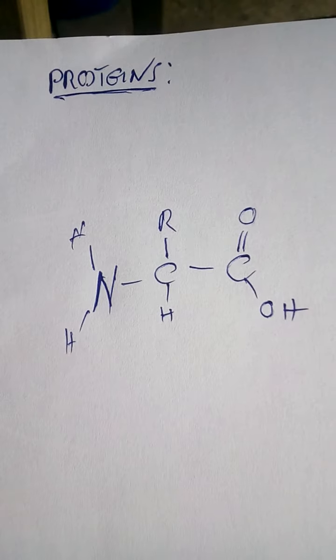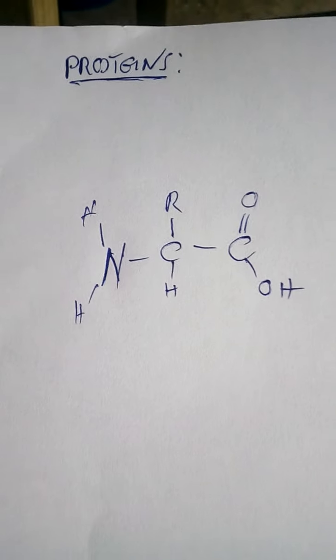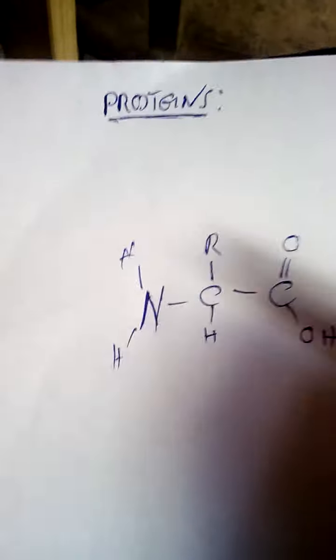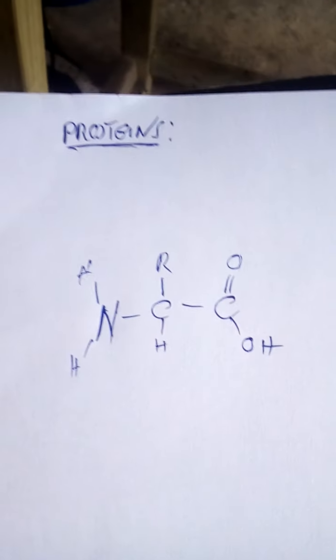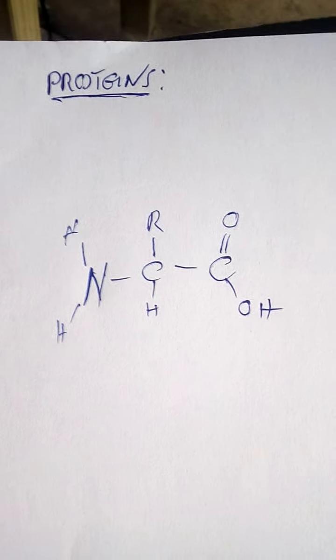So this is the structure of an amino acid, a monomer which, when you keep on adding it, will give you a protein. So proteins are made by the addition of amino acids, which is called polymerization of amino acids.